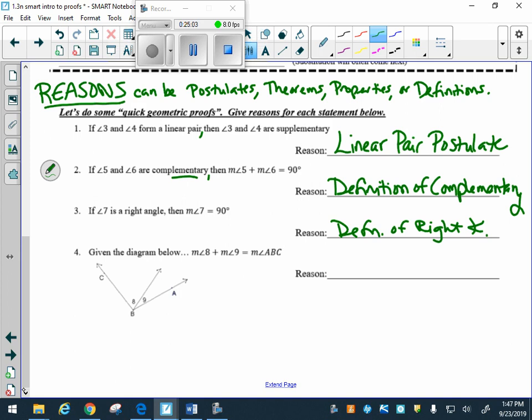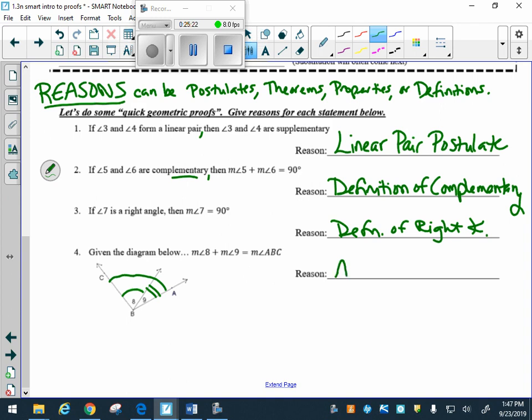Okay, now given this diagram, what would allow us to say that the measure of angle 8 plus the measure of angle 9 equals the measure of angle ABC? What would allow us to say that? Chelsea? Good.